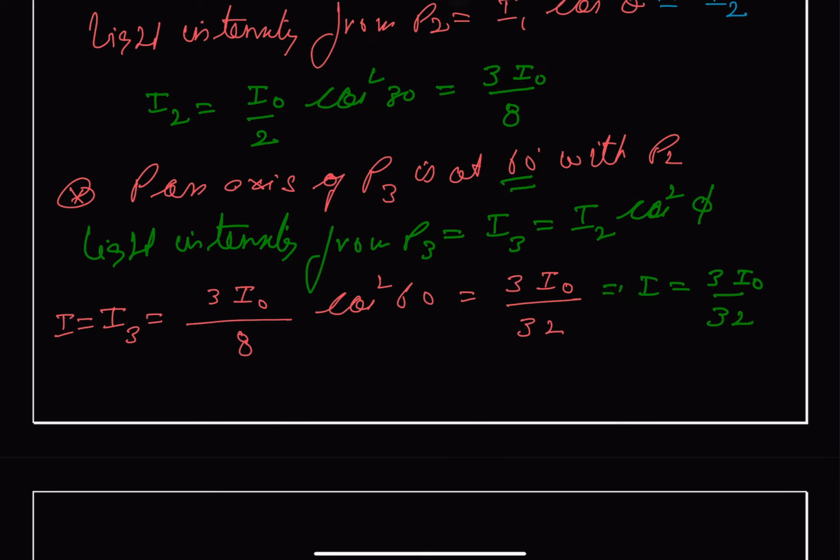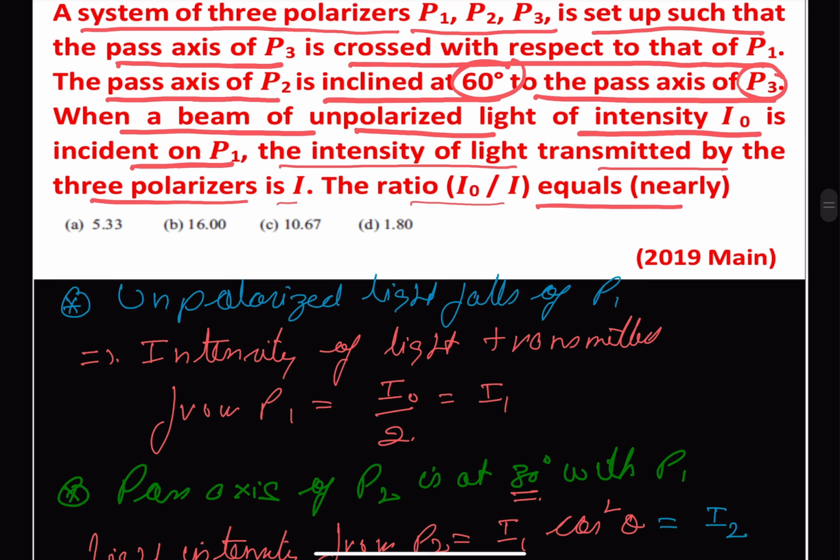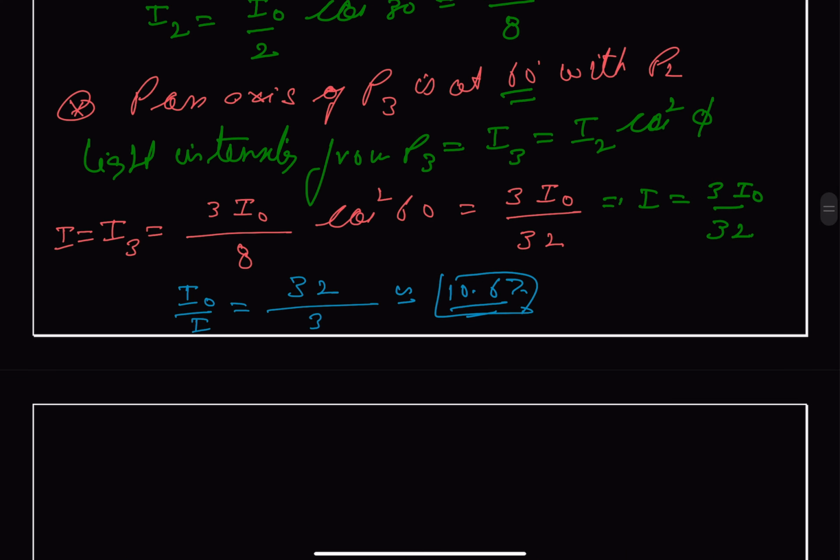We need to find out the ratio of I naught by I. So we get I naught upon I will be equal to 32 upon 3, and that will be approximately equal to 10.67. So option number C is the correct one. Option C is correct.